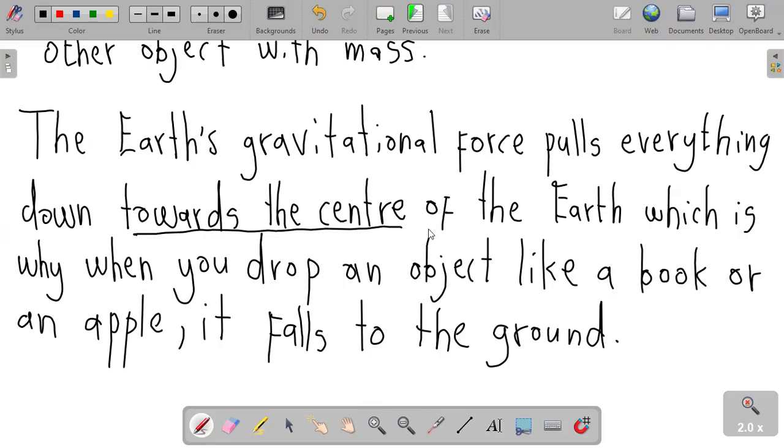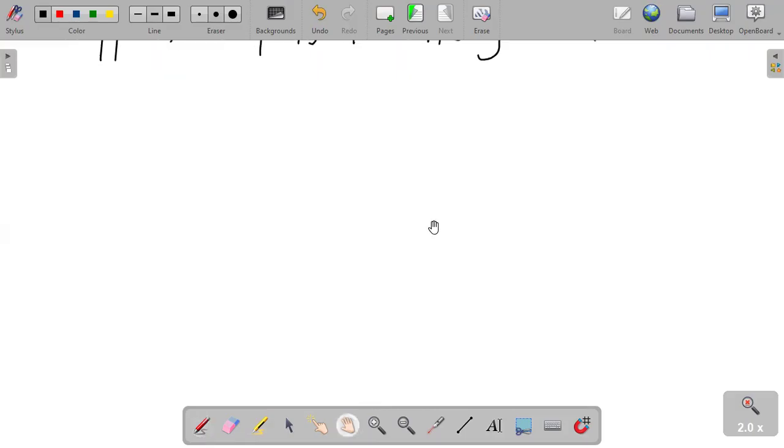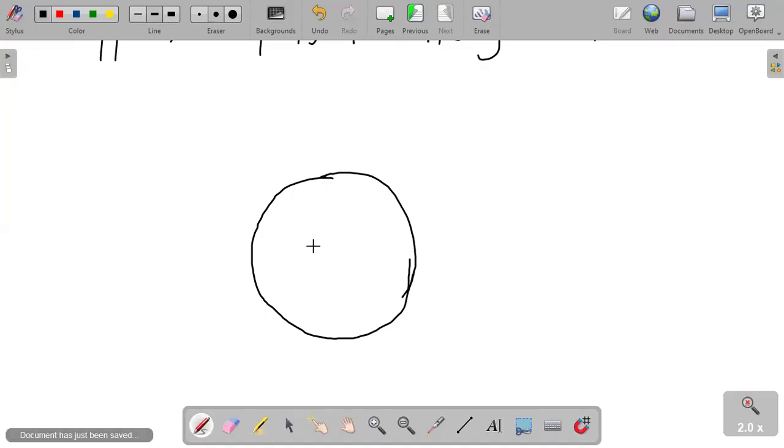So you can imagine that around the Earth, and try to draw a circle here. Around the Earth, so this is the Earth here. This is Africa here. Then there is Madagascar there.